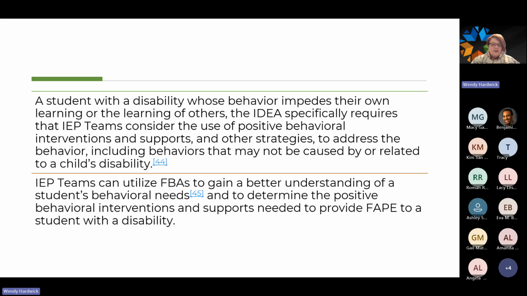IDEA makes it clear when a student's behavior affects learning, the IEP team must consider supports and strategies, even if the behavior isn't directly caused by the disability. Schools are required to address it. FBAs are a powerful way to better understand the student and ensure that we're meeting our FAPE obligations.